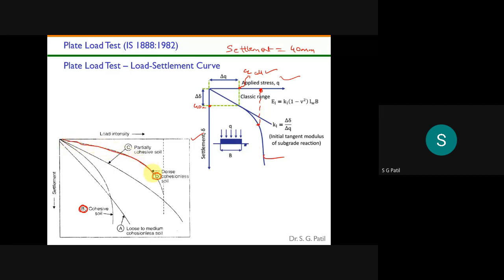See, a sharp bend will be there, as well as for the other type of soil. Here we will get a clear picture of where the soil is failing. So these points are Q ultimate.